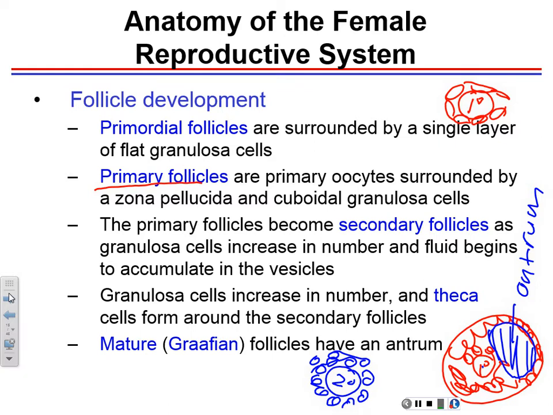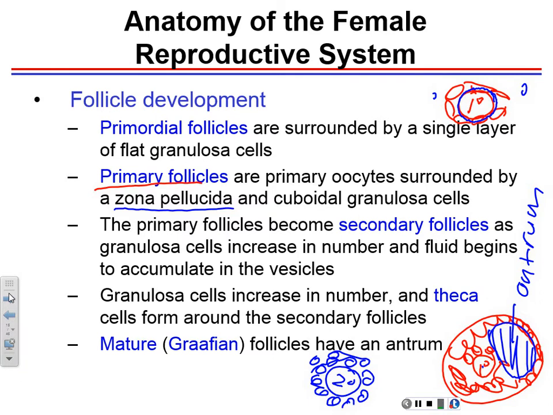Also, what's happening, and I'll show you in the next slide, is that the egg cell is covered by what's called the zona pellucida, which is a layer here in the primary follicle, when they become cube. And as the cells continue to grow, there is another layer that goes on the outside called the theca externa and theca interna.